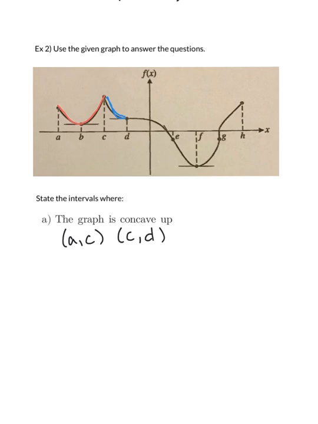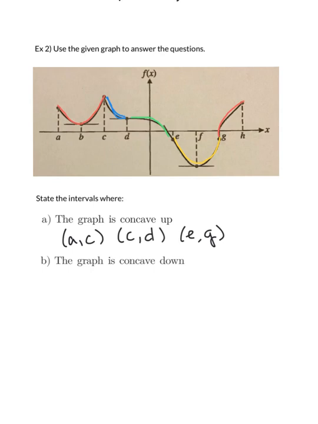As we move along, we are concave down from D to E, so we're going to skip that one. Then we are concave up. See how we're cupping upward here? From E to G, so that will be our next interval. And then we start cupping back downward at G.